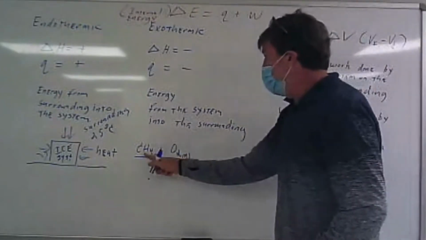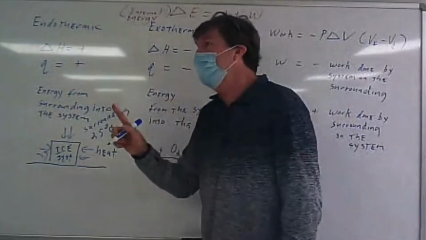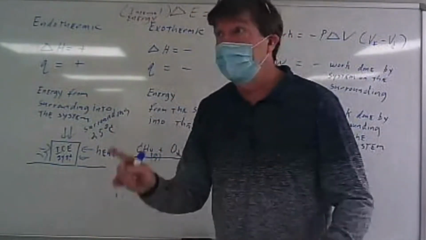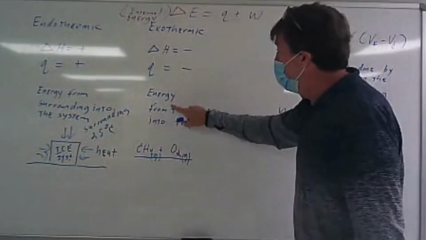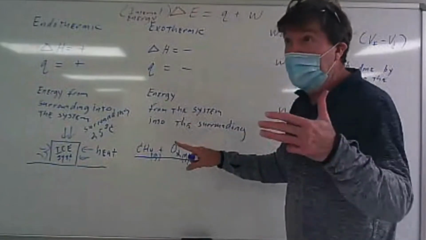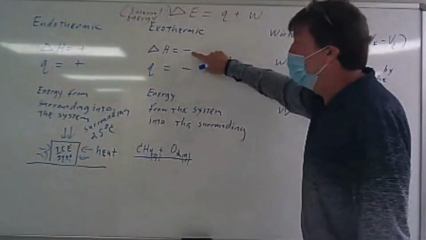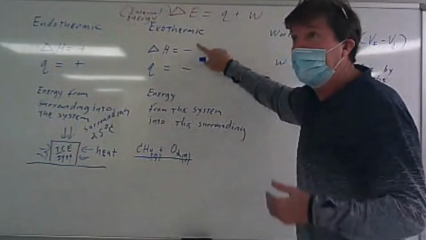This is methane gas plus oxygen. This looks like a combustion reaction. Combustion reactions are famous for releasing large amounts of heat. Now, I said releasing large amounts of heat, and if we're releasing energy or heat from the system into the surroundings, notice the system is losing energy, so we have negative sign values here.